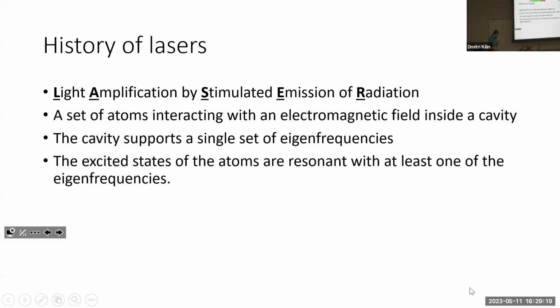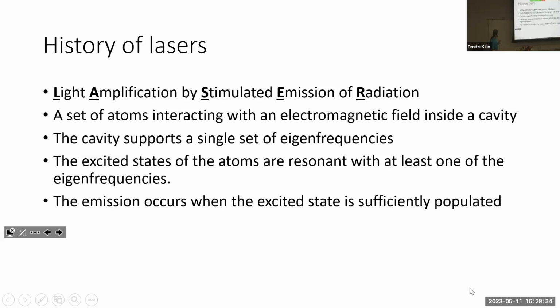And so when they try and release their energy to fall back to a relaxed ground state, the only way they can do that is by transferring that energy into the external electric field. The emission part occurs when the excited state is sufficiently populated, i.e. we have a population inversion, and state 2 is more heavily populated than state 1, the ground state.